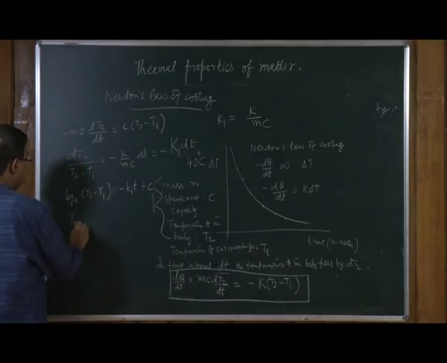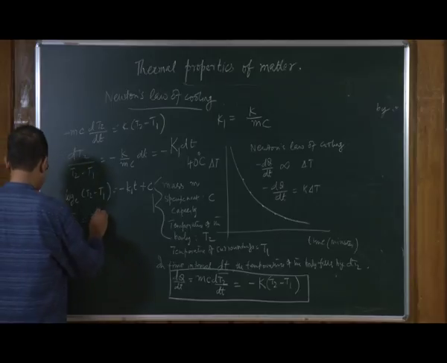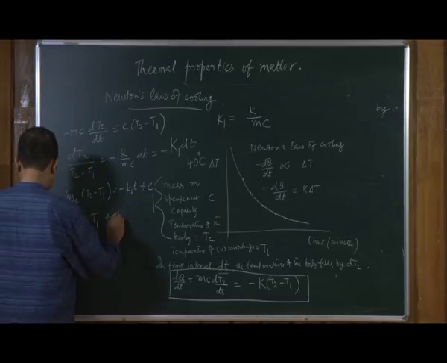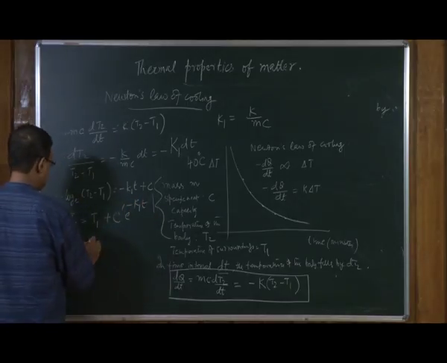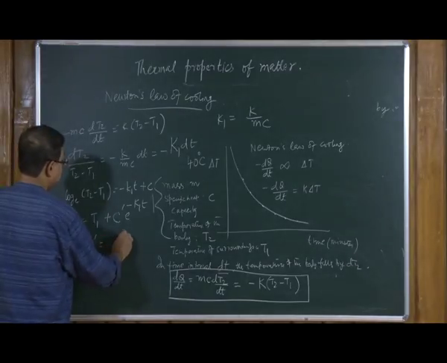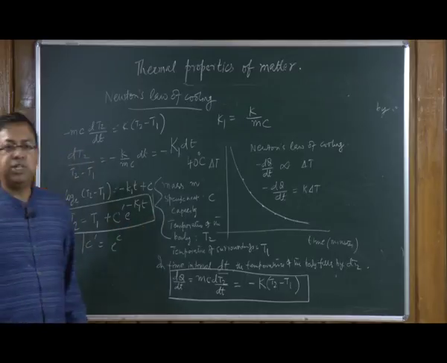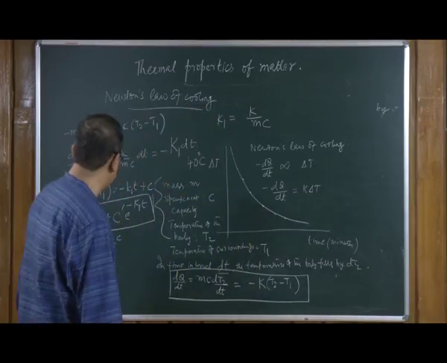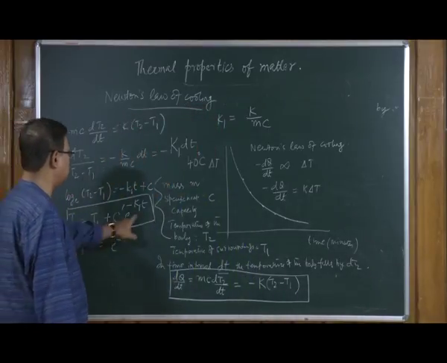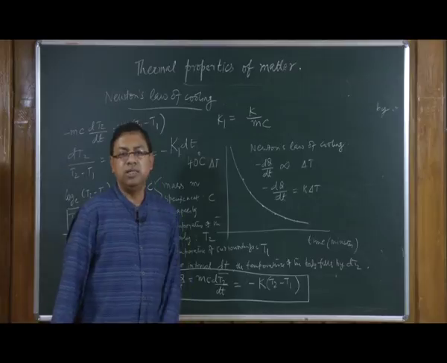When we exponentiate it, T2 becomes T1 plus some c prime times exponential of minus k1 t, where c prime is nothing but equal to exponential of c. So, this is the way the temperature falls as a function of time, which is an exponential decay.